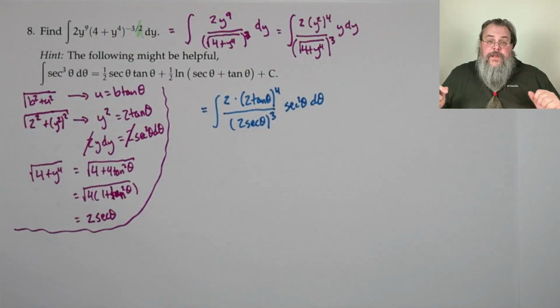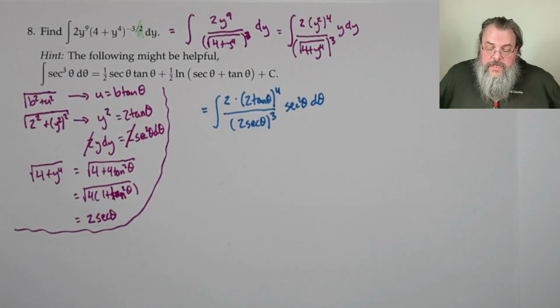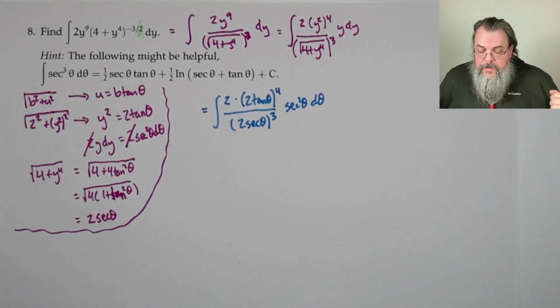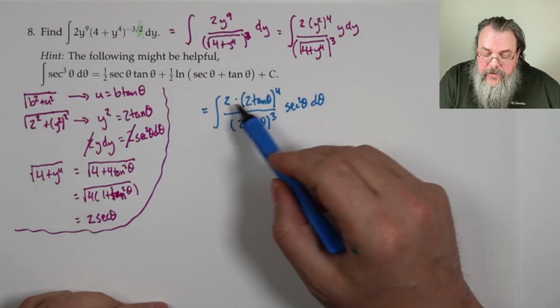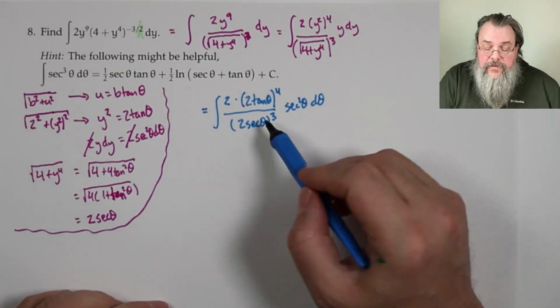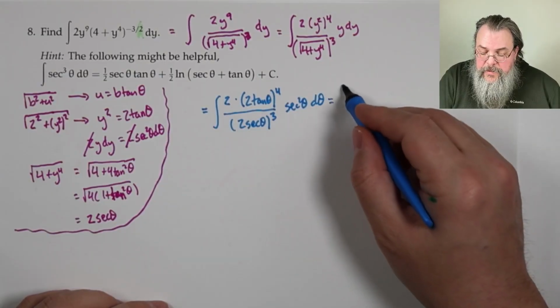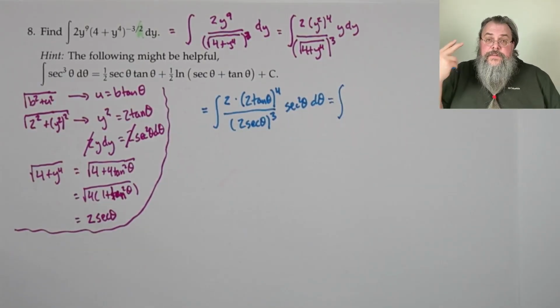Okay, all right, well, we can clean up. What can we clean up? We have a lot of 2's here. There's 5 2's upstairs, 3 2's downstairs. So if we put all that together, that leaves us with 2 upstairs.